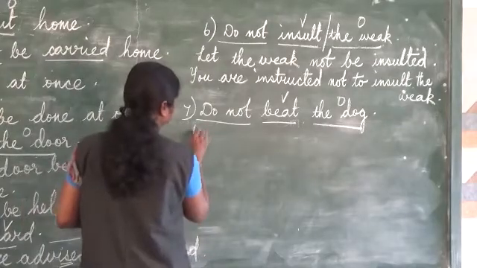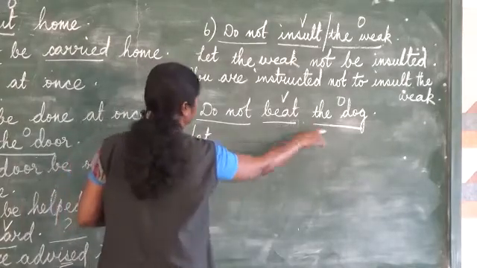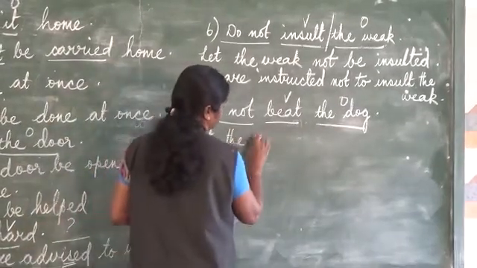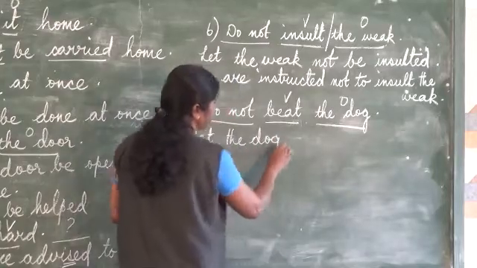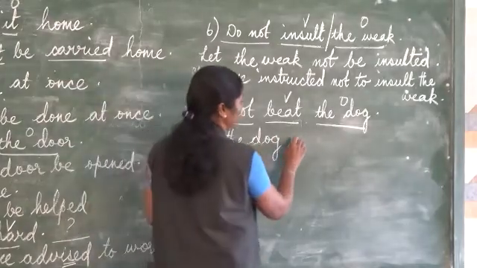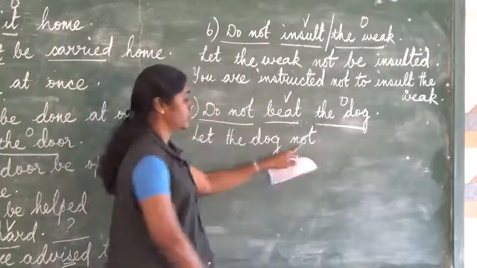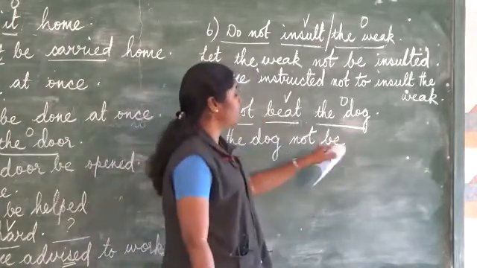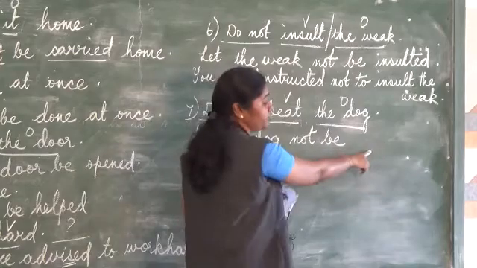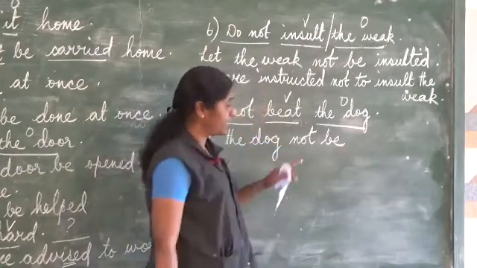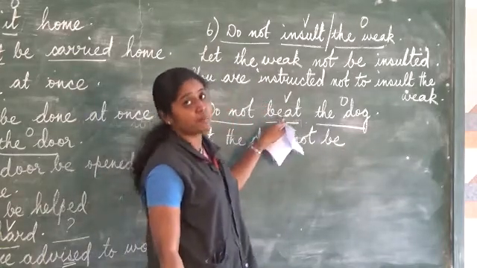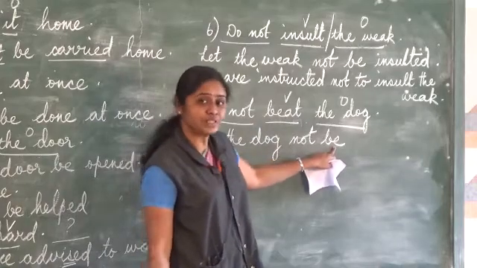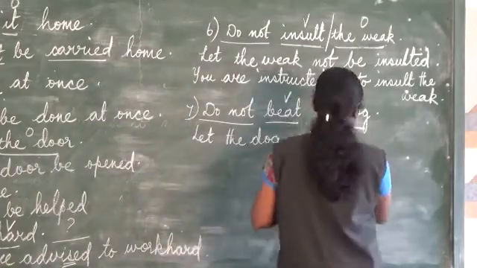Again, beginning with "let the dog". Now after writing the object, I told you, you have to write the negative word "not". Immediately after this, "be". Let the dog not be. Here you have to write the past participle of the verb. The verb here is "beat". Past participle of "beat" is "beaten". Let the dog not be beaten.